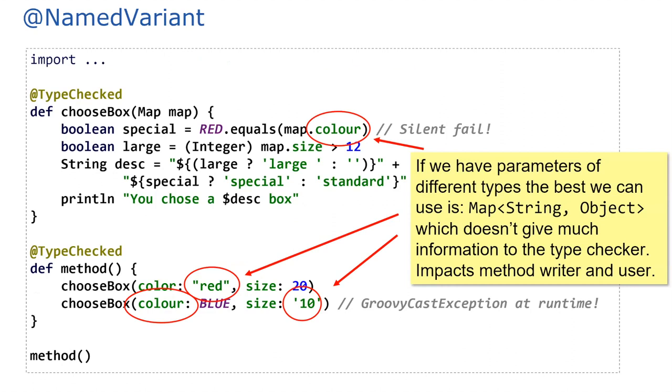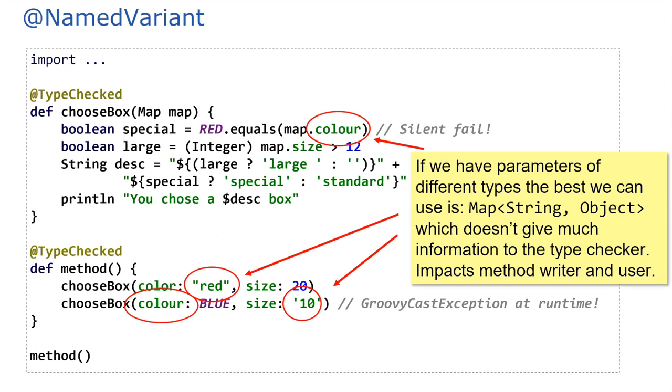The downside is that for both the writer of that choose box method, who's using the map, and also the user of the choose box method, if they now start wanting to use the static nature of Groovy and turn on all the type checking everywhere, the fact that they're using a map, and the best we can do to cater for arbitrary situations is a map from string to object, means type checking will let slip through quite a few different errors here, simply because the typing information is not in the map. So the map doesn't have that information.